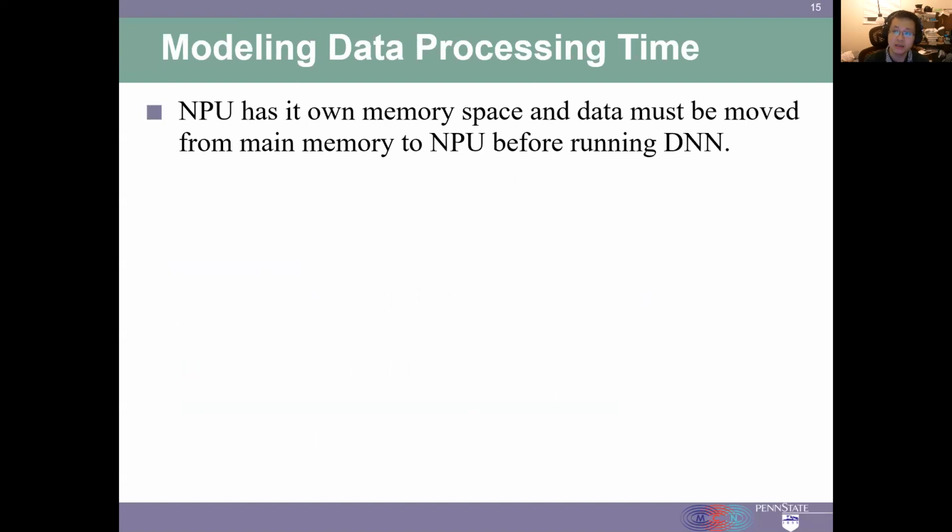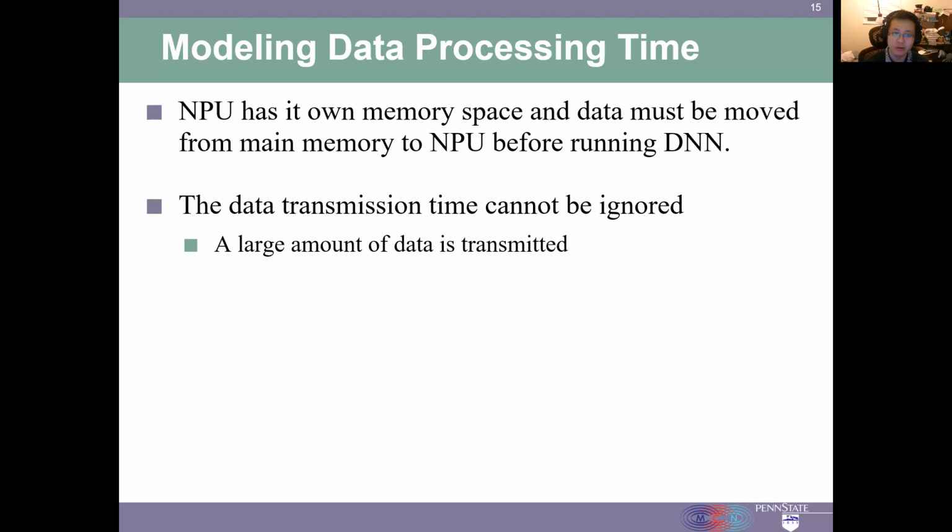To model the data processing time, MLMP considers the data transmission time. This is because the NPU has its own memory space, and the data must first be moved to the NPU before running the DNN models on the NPU. The data transmission time cannot be ignored, since the intermediate data results of the DNN model may be very large, and it takes a lot of time to transmit them.